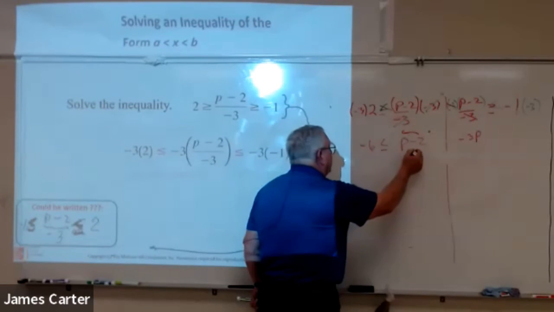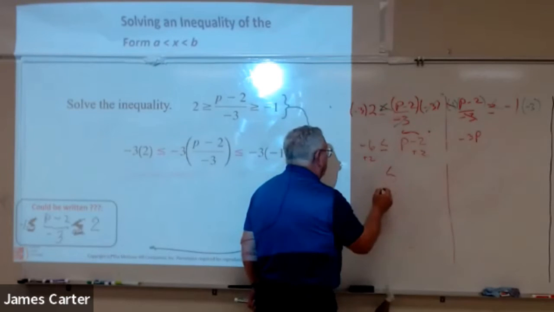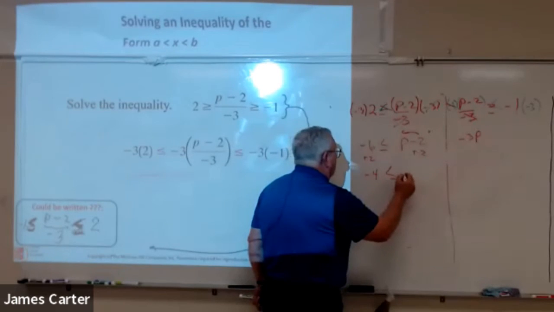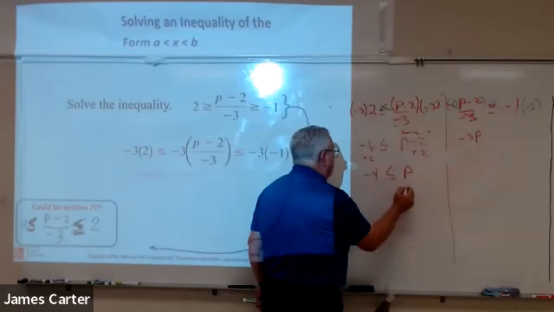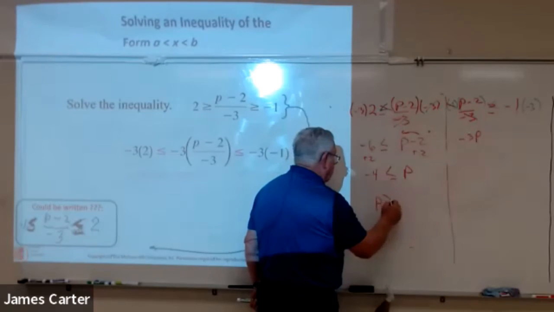I'm gonna take this over here, +2, +2. And so I get -4 less than or equal to p, or I can flip both sides like that.